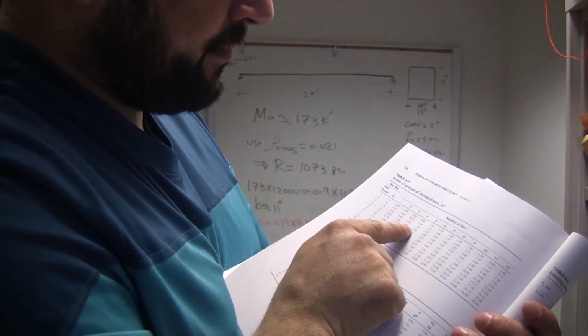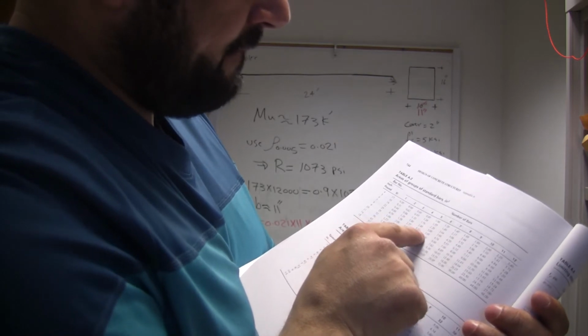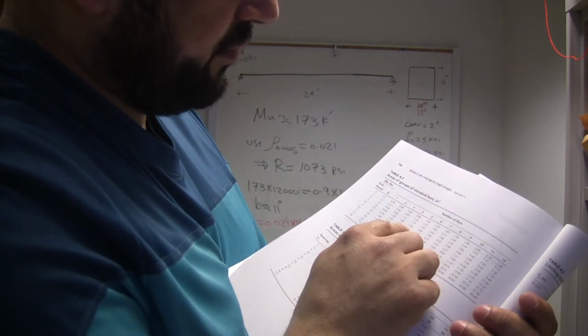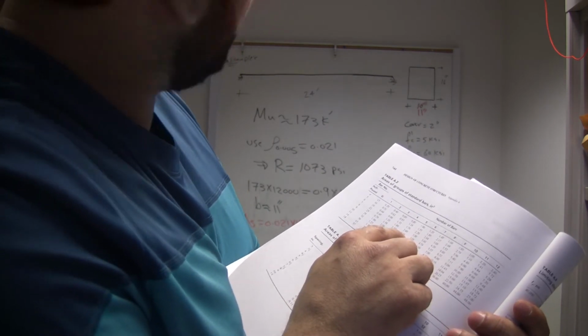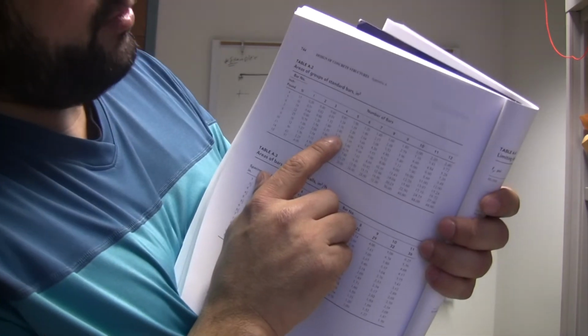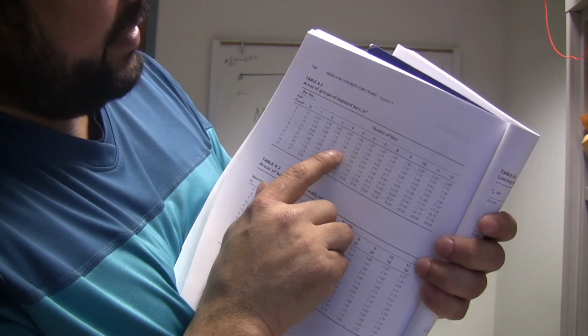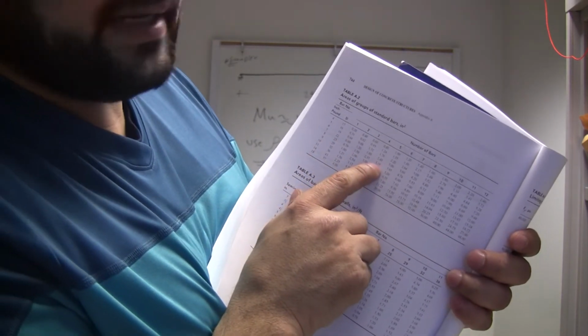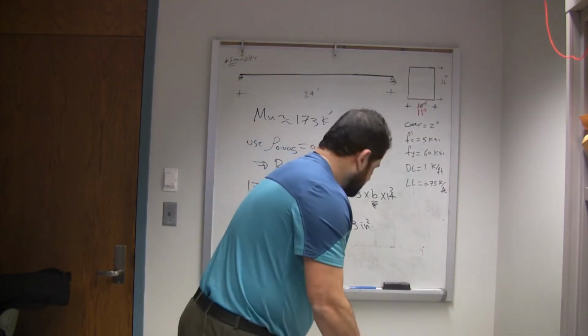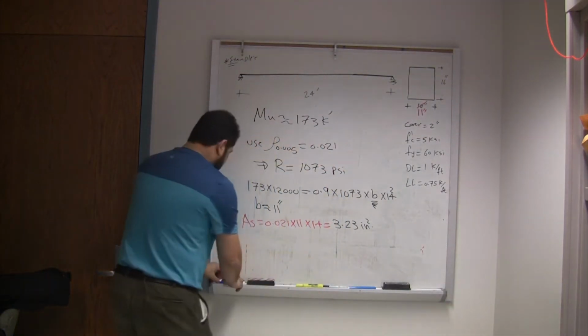So try to keep the number to 4. Since I increased a little bit, look, if I use 4 number 8, they will give me 3.16. So I'm going to use 4 number 8.